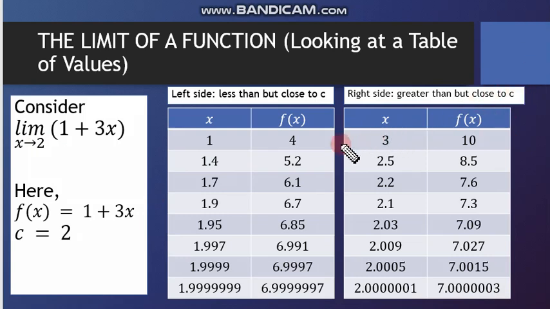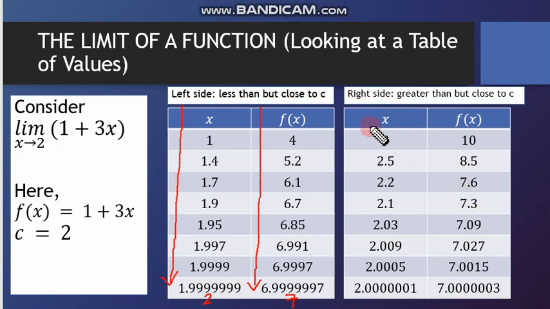Okay, let's observe the limit of the function. Let's start with the left side. As x approaches the value of c, which is 2, we can see in the left side table that f of x approaches what value? 7.